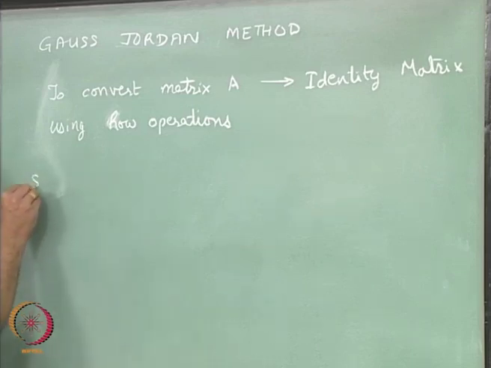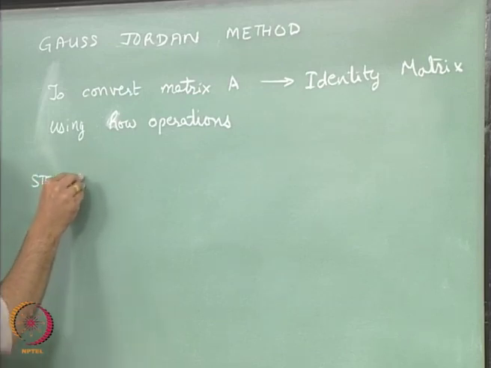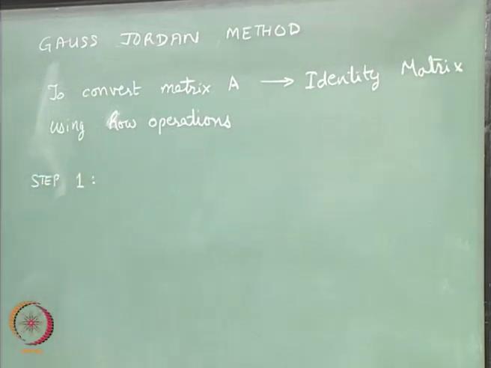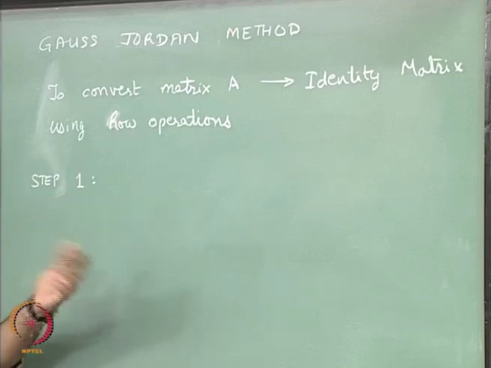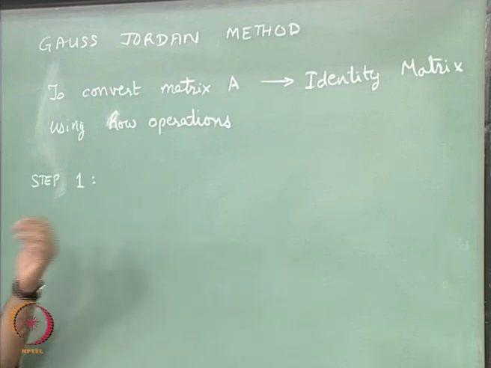So step 1. What we did in step 1 in the Gauss elimination method is R2 plus alpha 21 multiplied by R1, R3 plus alpha 31 multiplied by R1.